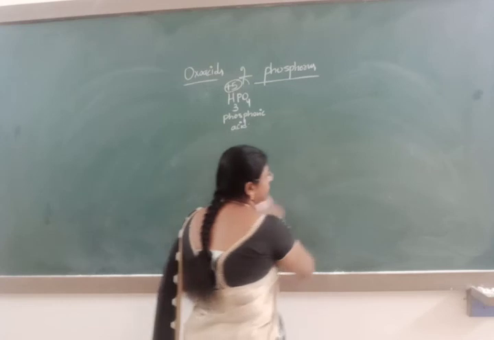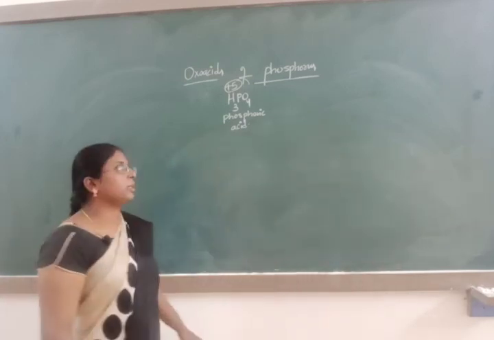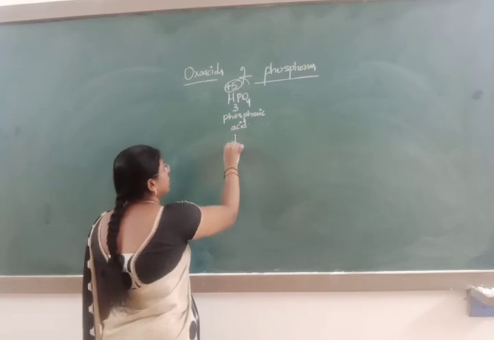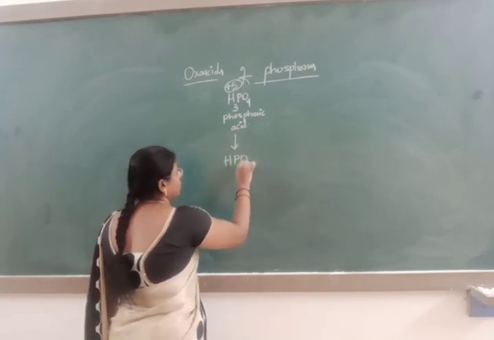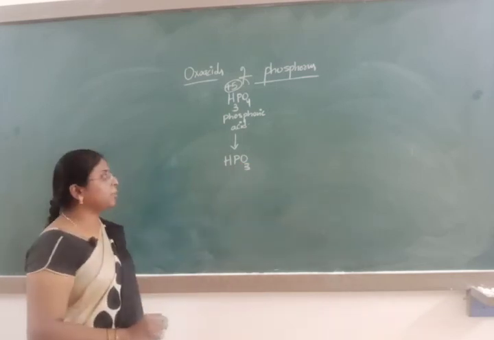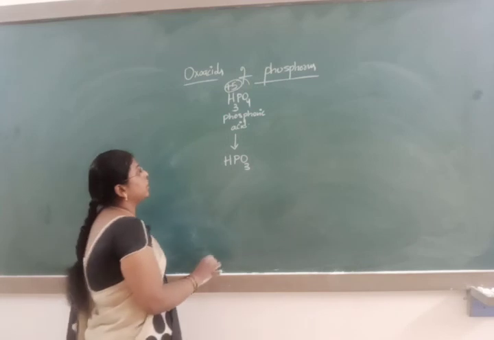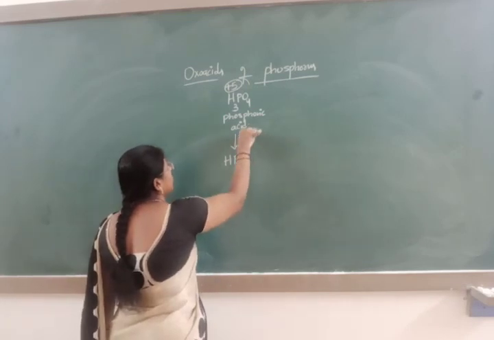Using phosphoric acid, I can write down another one: HPO3. How do we get this HPO3? By removal of a water molecule from phosphoric acid.